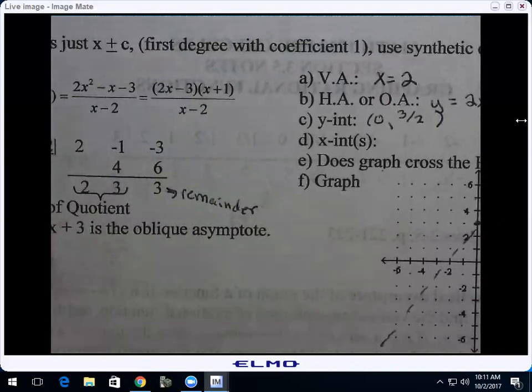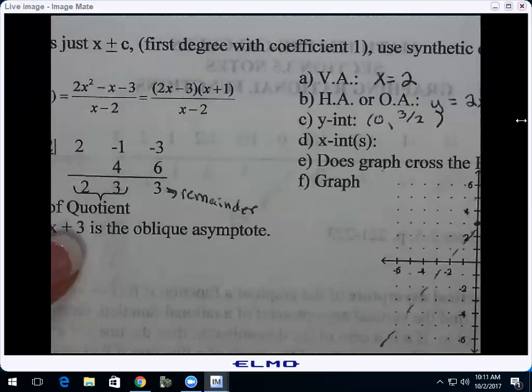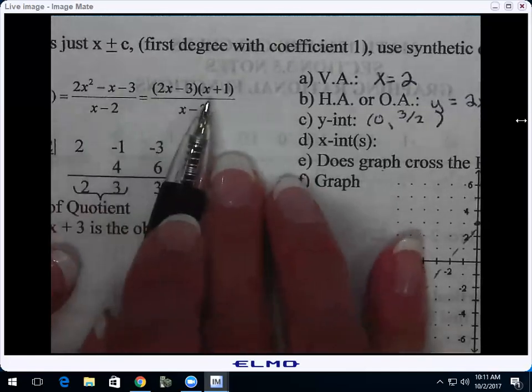And then how do I find x-intercepts? Let y be 0, and with a fraction, what makes a fraction equal 0? Whatever makes the numerator 0. That's easier to see in factored form.